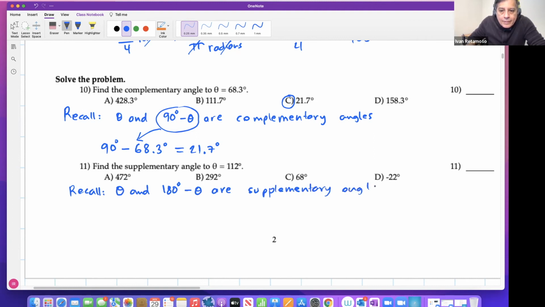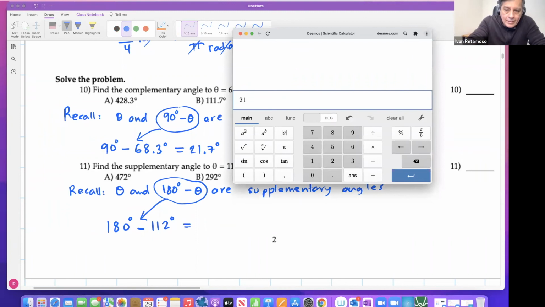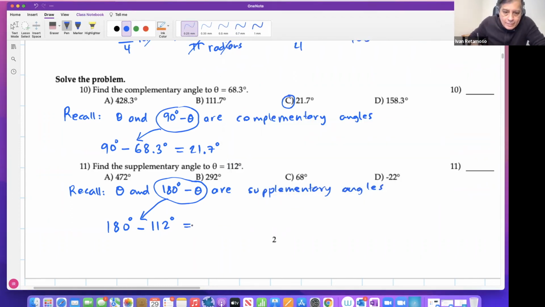So again, we can use this as a formula to generate supplementary angles when an angle is given, right? So 180 minus theta, theta is 112 degrees. Let's do the math there. So 180 degrees minus 112, 68 degrees, right? 68 degrees, great, 68 degrees here. This guy, right? For 11.